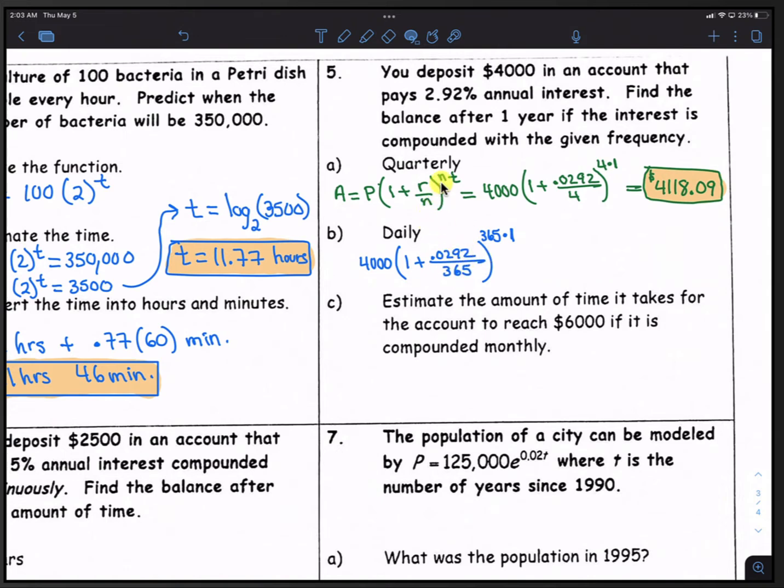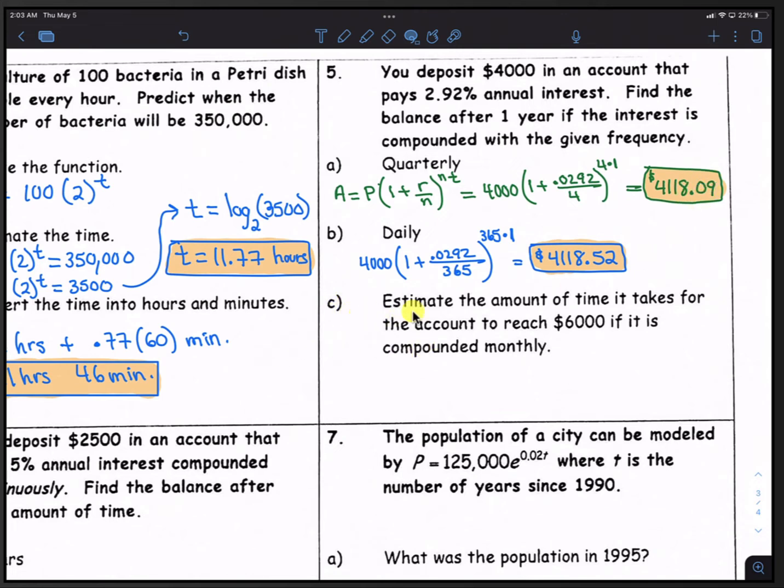And then, as we said earlier, the n in the formula becomes 365 because it is daily. All right, we just put that in our calculator, and our value is $4,118.52. So it's just slightly more than this amount from the quarterly compounding.